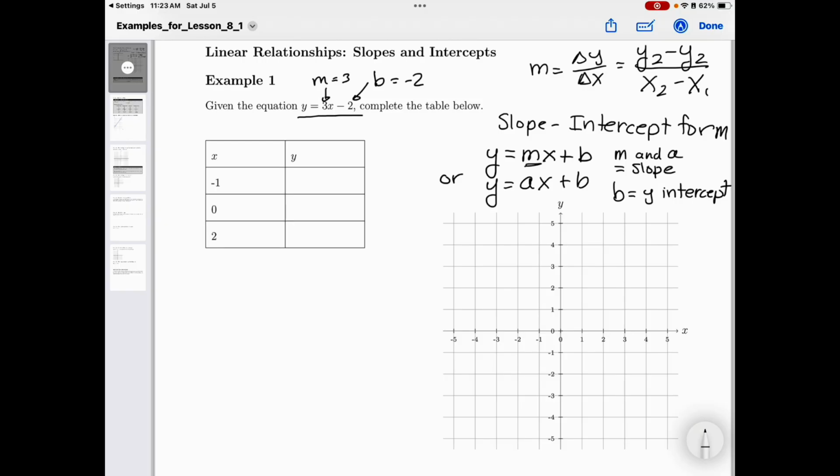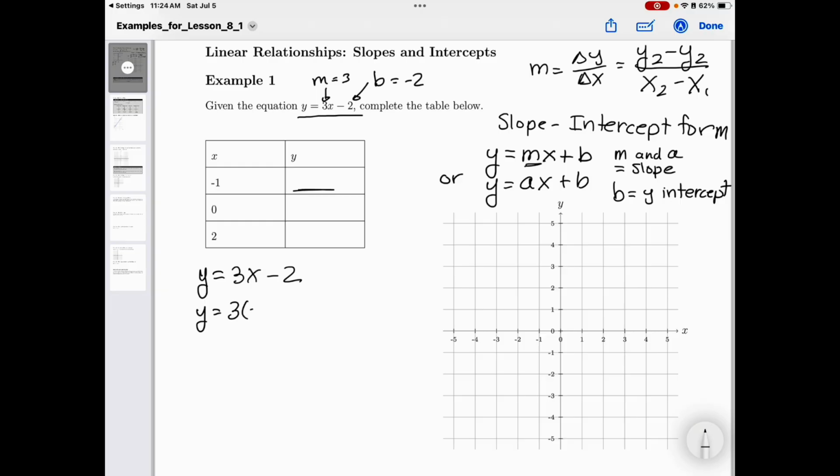So to make a table with a set of ordered pairs, you just plug in the value into the correct variable and solve for the other variable. So we have y is equal to 3x minus 2. For the first ordered pair, we have that x is -1, and we need to find the value of y. So where I see x in the equation, I'm going to replace it with -1.